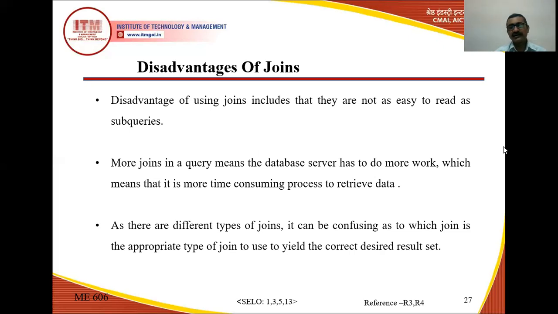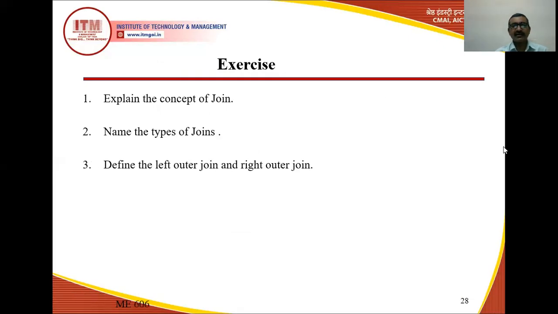So, the disadvantages are: joins are not as easy to read as subqueries; more joins mean the database server has to do more work, which is time consuming; and there are different types of join, causing confusion about choosing the appropriate one. So this is the disadvantage of join.